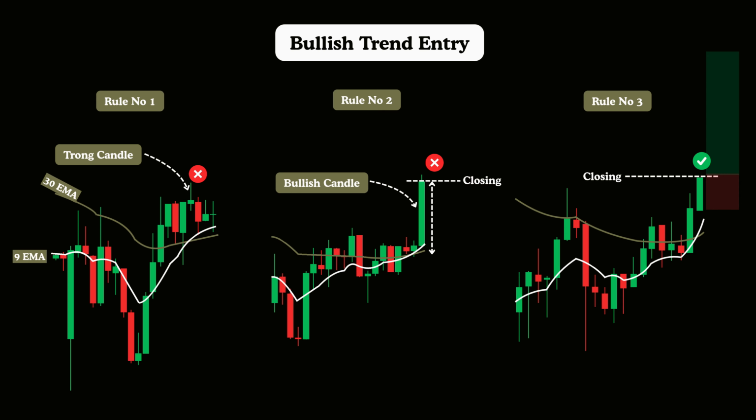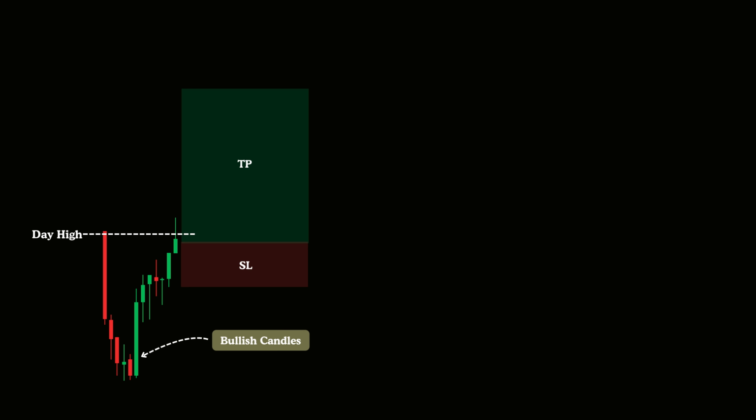Now let's understand this with a live chart. This is the 3-minute time frame chart. After moving downward, the price pushes up with strong bullish candles and closes near the day's high, attempting to break higher. Many traders, seeing this momentum, rush to enter long trades, but the price soon reverses and hits their stop losses. However, if you apply the EMA here and observe, the market has not yet shown a proper move.